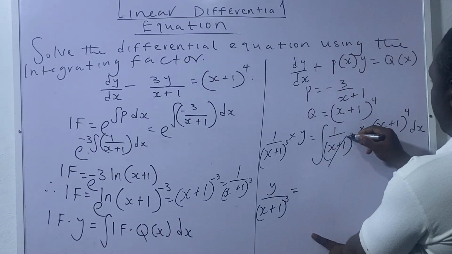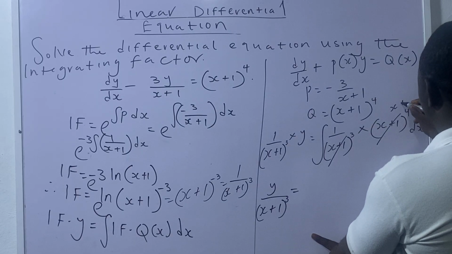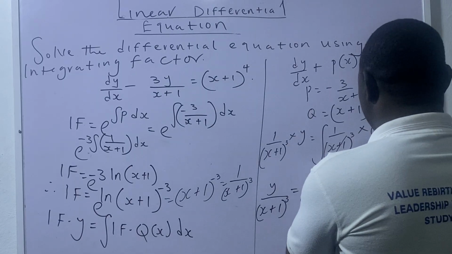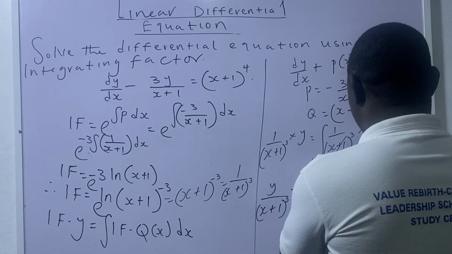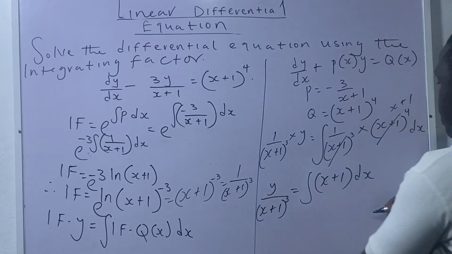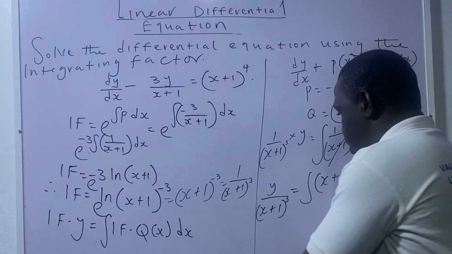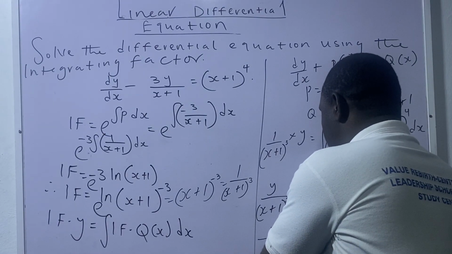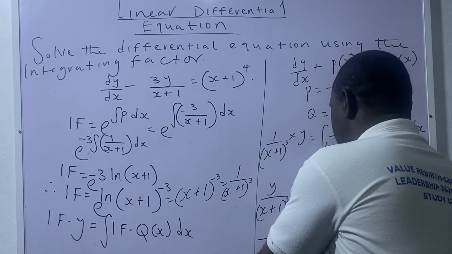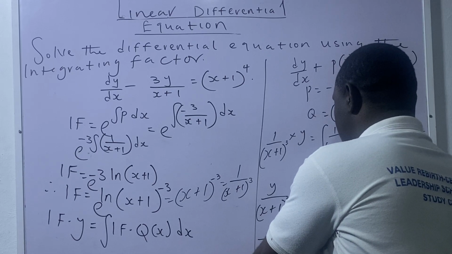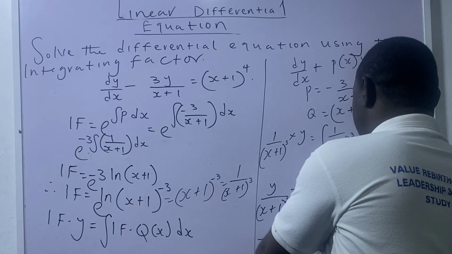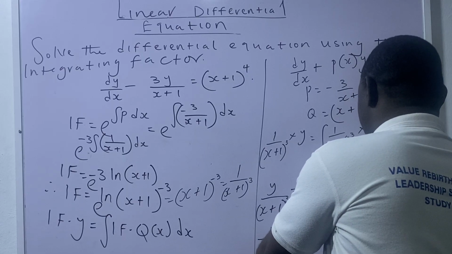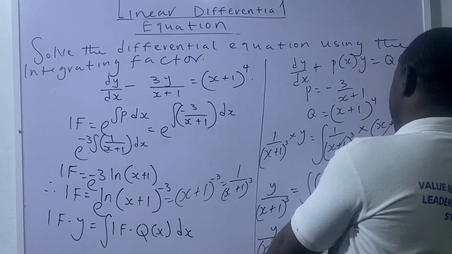Then if this cancels this, you are left with just 1. So integral of x plus 1 dx. So I can easily integrate this. This one will give me x plus 1 squared over 2, and to integrate this, I have x, then plus c.